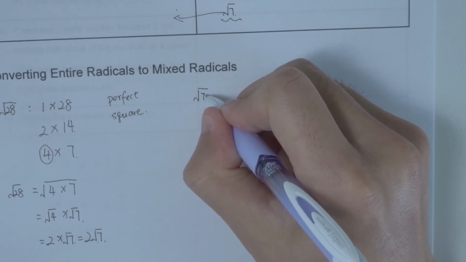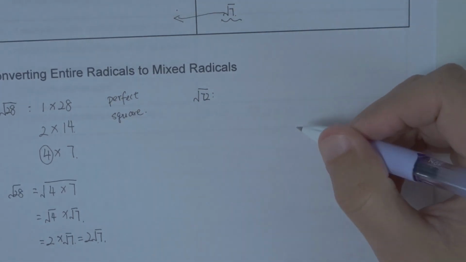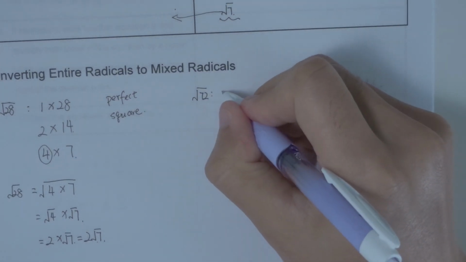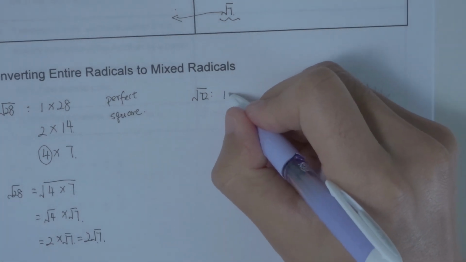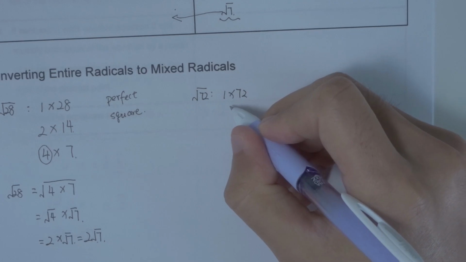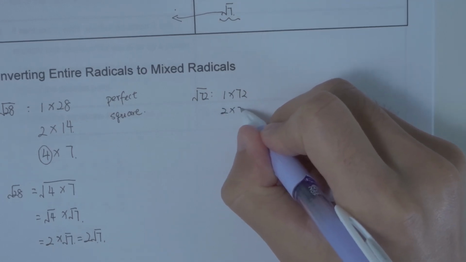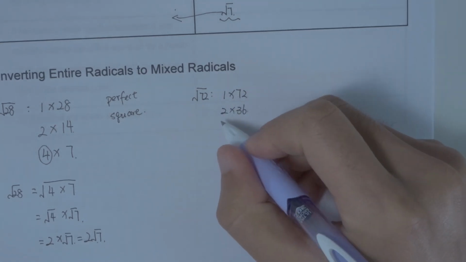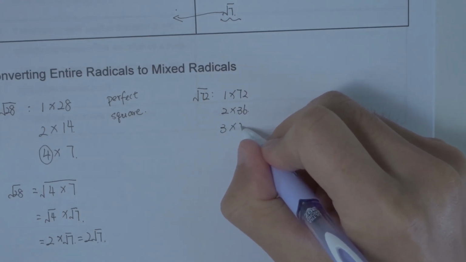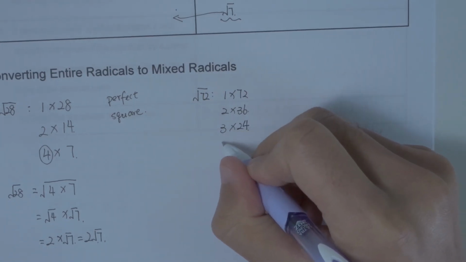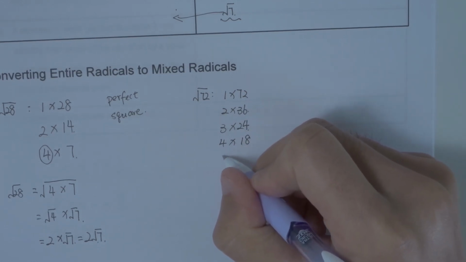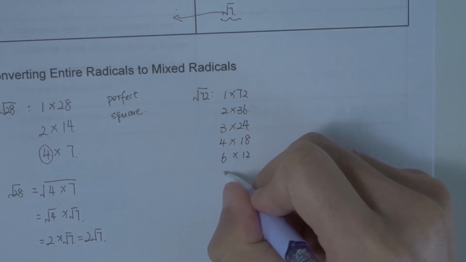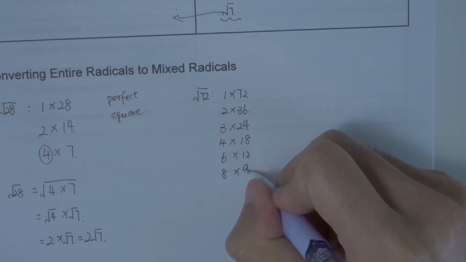Square root 72. For square root 72, we can find the factors: 1 times 72, 2 times 36, 3 times 24, 4 times 18, 6 times 12, 8 times 9.